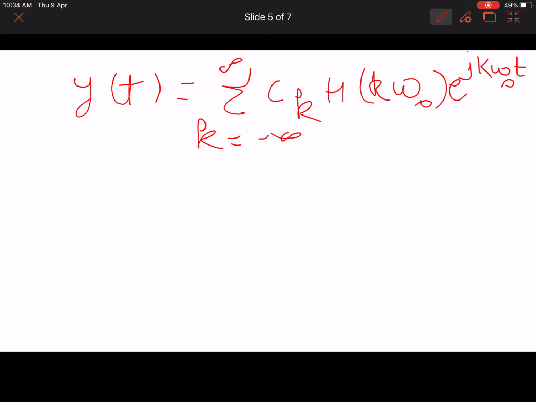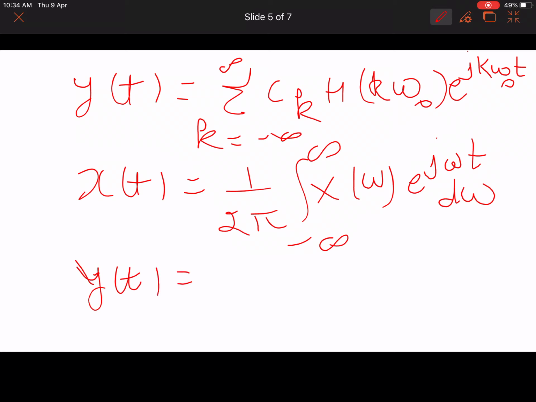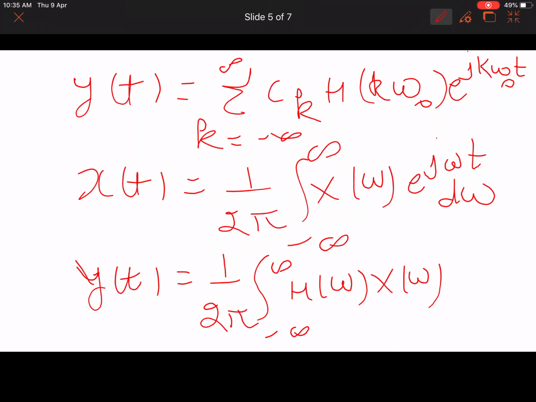Now, if we assume that x(t) is non-periodic, in this case x(t) can be represented as 1/2π times the integral of X(ω) e^(jωt) dω, and the corresponding output y(t) can be represented as 1/2π times the integral from minus infinity to infinity of H(ω) X(ω) e^(jωt) dω.